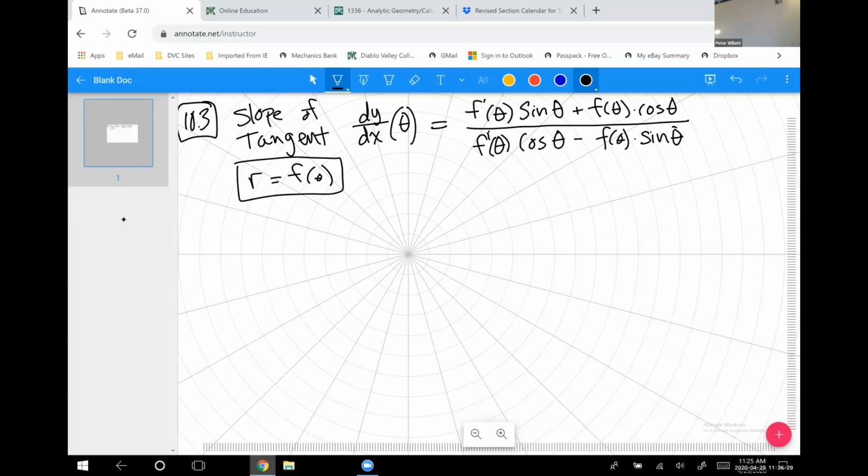Then we also have the area of a polar graph. And again, since a polar graph emanates from the origin, actually, if I write it here, I'm about to cover up the middle of my graphing system, so I'm going to remove this a little bit.